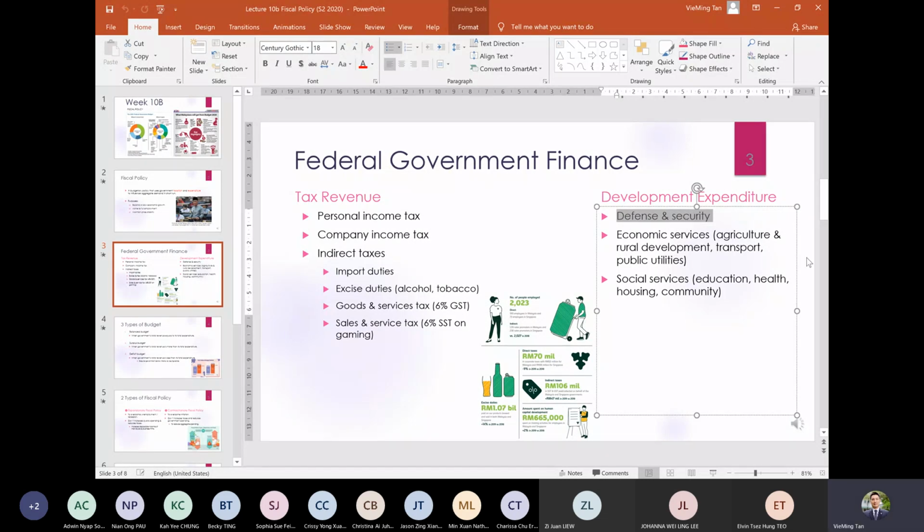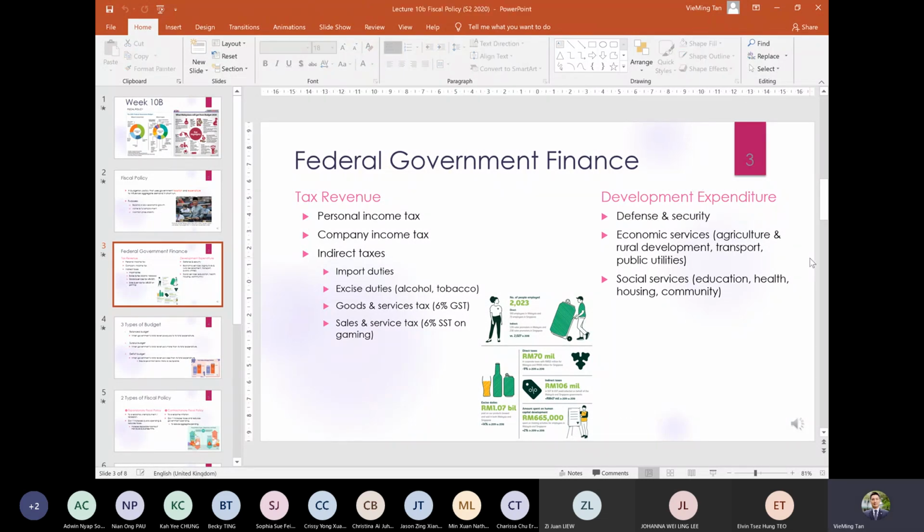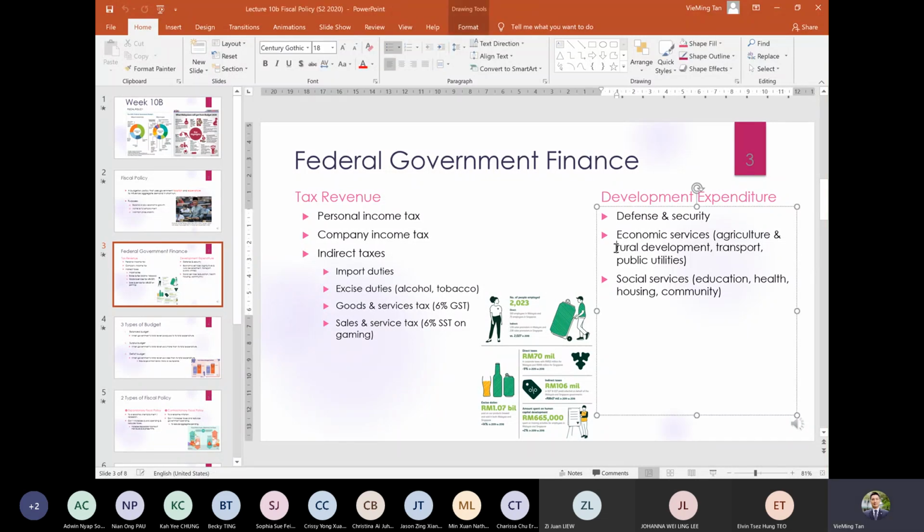Besides that, the government also has to spend money to develop the country for the sake of economic growth. So the government may need to build more roads and also improve public transport so that this can connect to the rural areas and improve the economic activity there as well.